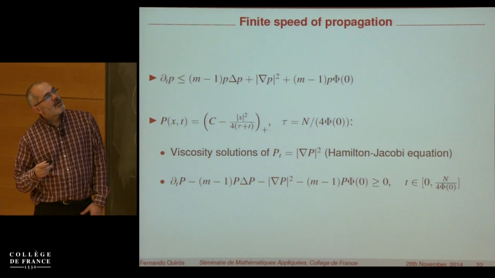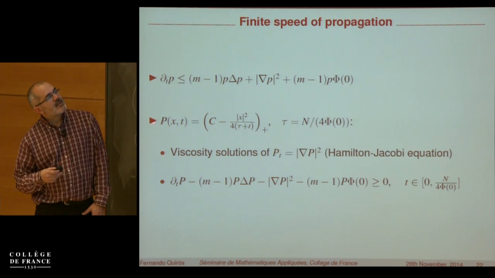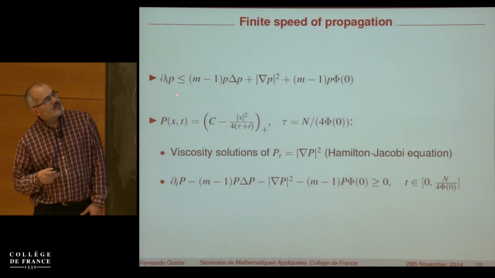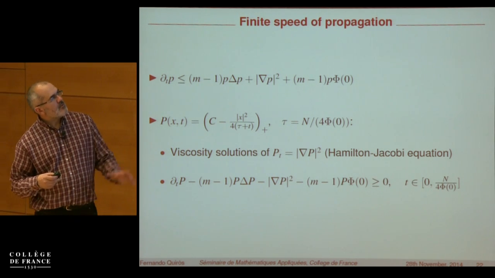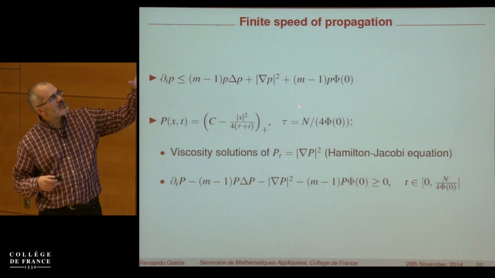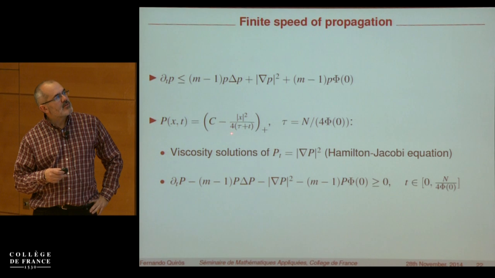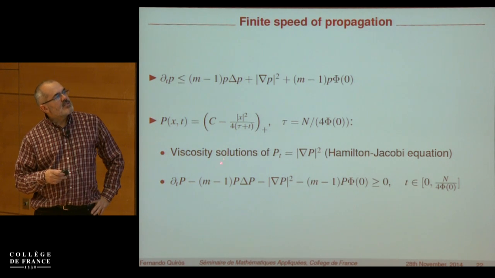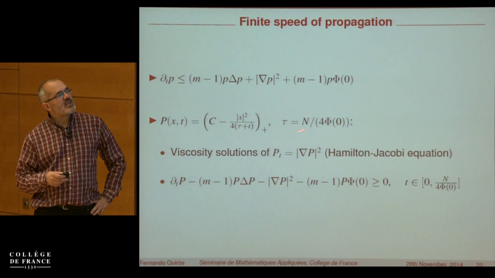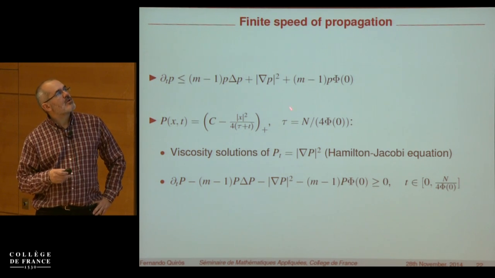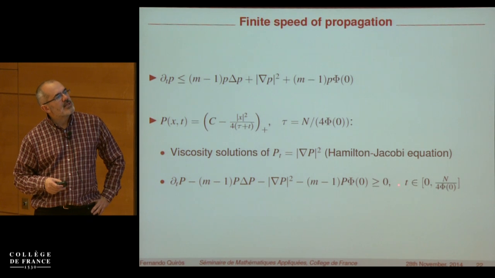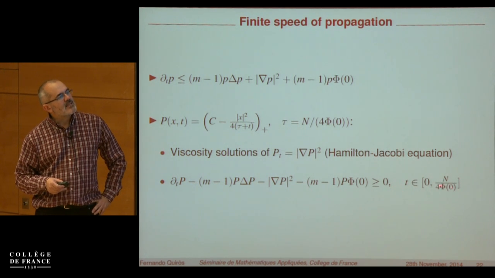But then the things that one can check, if you take this function, this truncated inverted parabola with a certain time delay, which is a viscosity solution of the Hamilton-Jacobi equation, it turns out that it is a super solution for this equation here, as long as you don't let time go by too much.